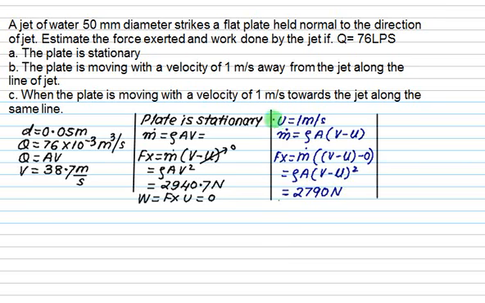It is mentioned that the plate is moving in the same direction. So this time u is going in the leftward direction. If it is going in the leftward direction, and it equals 1 meter per second, the value is minus. So that is the only change. And therefore, this value will be equal to rho a v, v plus u.